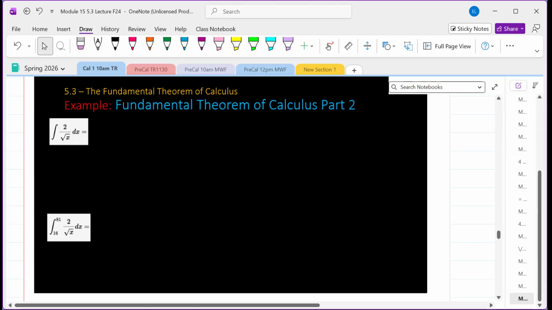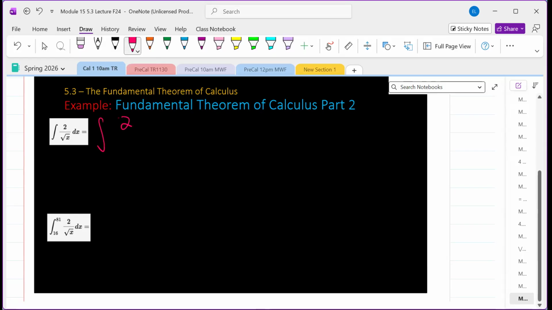All right, so like this one, a little more straightforward, because it's just a single term, not a whole bunch of terms. So 2 over the square root of x. Well, I don't have a rule for quotients. So the first thing is to rewrite this so it's x on the top of the fraction raised to a power.